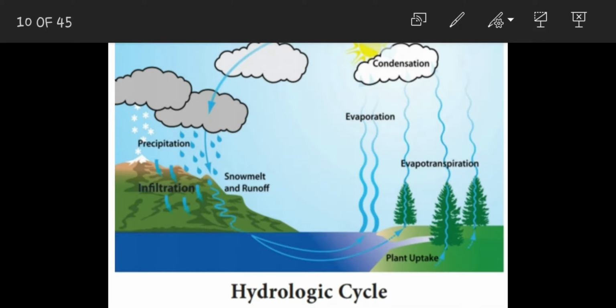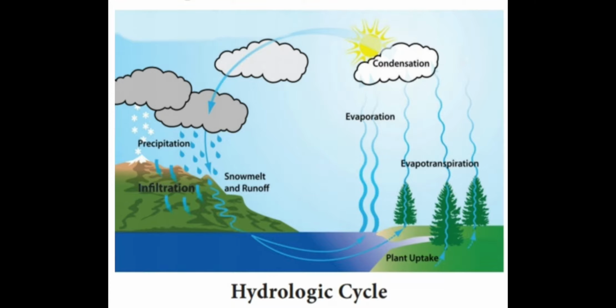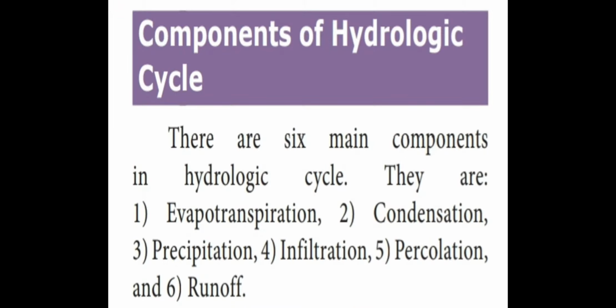Last week we saw up to this, and today we'll start from the components of the hydrologic cycle. There are 6 main components in the hydrologic cycle. What are they? First one is evapotranspiration.